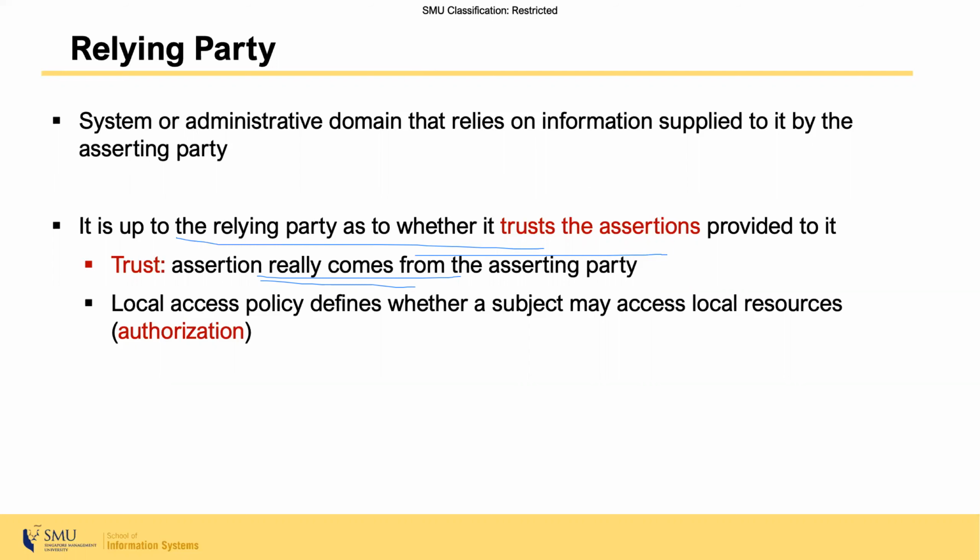And also there is one more thing that the relying party can decide. Even though the trust has been verified, the relying party still can decide what kind of operation this subject can perform on the local resources owned by this relying party. And that problem is known as the access control problem, also known as the authorization problem, which is a topic that we will discuss in the upcoming week.